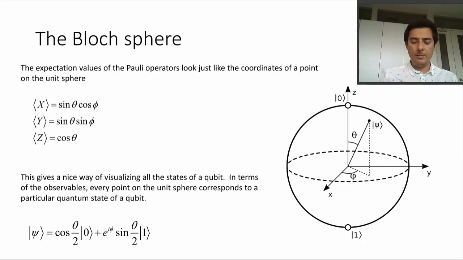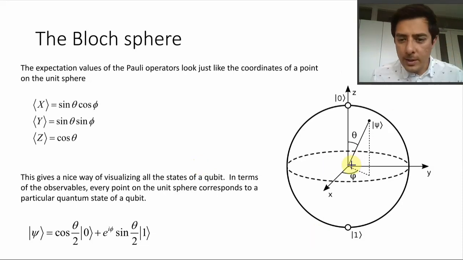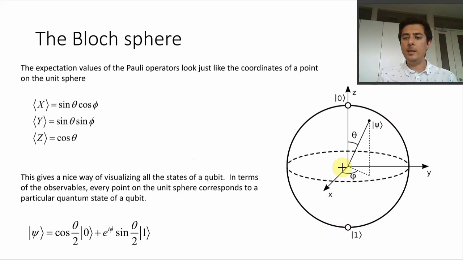I'm not sure if you're familiar with spherical coordinates, but just in regular old 3D, if you have x, y, z, forget about quantum mechanics for a minute. We're just living in regular three-dimensional space, like we really are. We can use spherical coordinates in order to parameterize the location on the sphere.